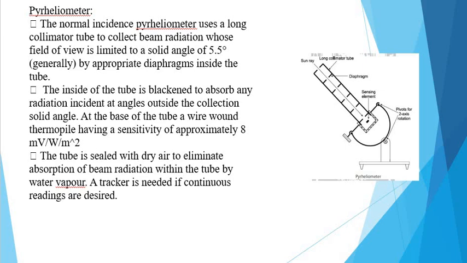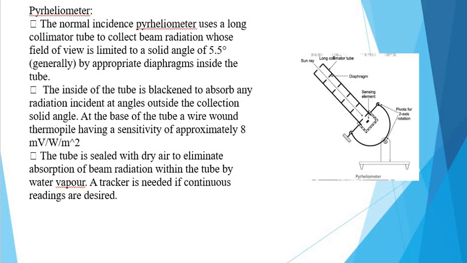Pyrheliometer. The normal incidence pyrheliometer, shown in the figure, consists of a long collimator tube to collect the beam radiation, whose field of view is limited to a solid angle of 5.5 degrees by appropriate diaphragms inside the tube. The tube is blackened to absorb any radiation incident at an angle outside the collection solid angle.